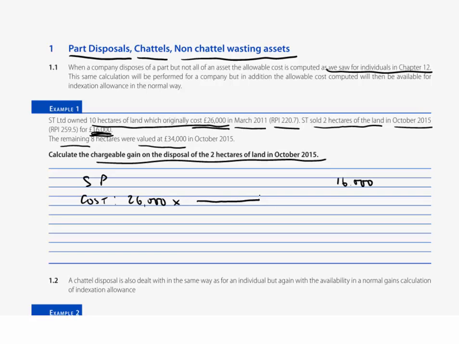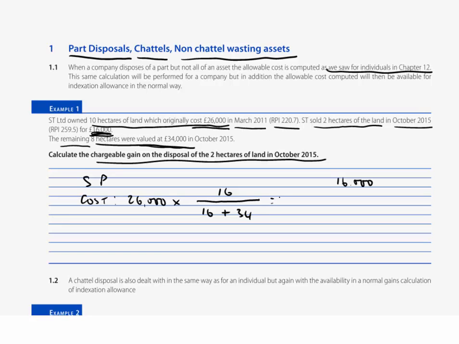Remember the basis of the calculation. Sale proceeds, 16,000, over sale proceeds, 16,000, plus the value remaining. That's 8 hectares, which were valued at 34,000.